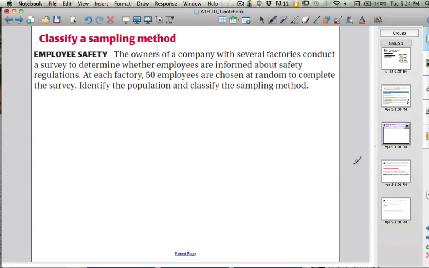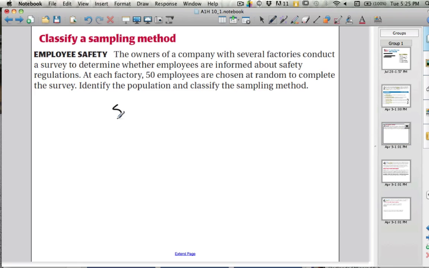As an example, owners of a company with several factories conduct a survey to determine whether employees are informed about safety regulations. At each factory, 50 employees are chosen at random to complete the survey. So we've separated the population into different groups based on which factory they're assigned to, and then within those groups, we're choosing them at random.